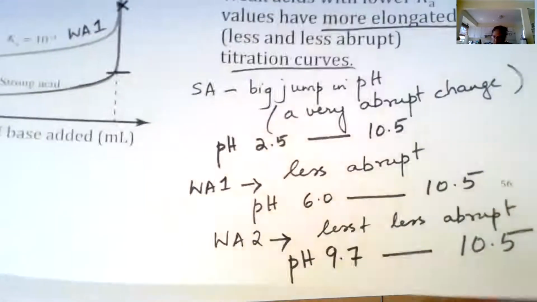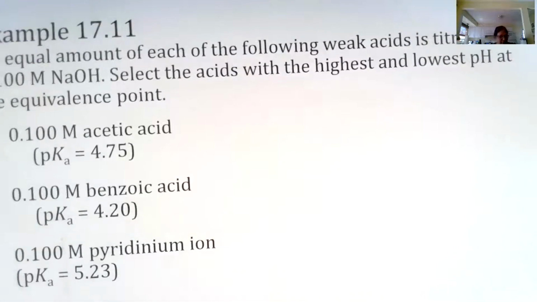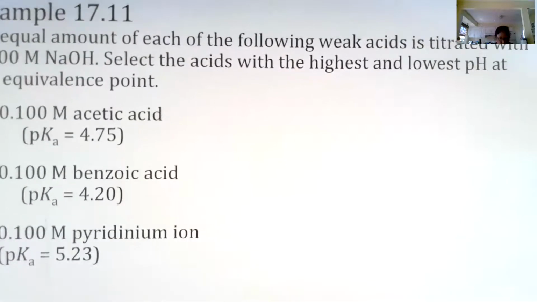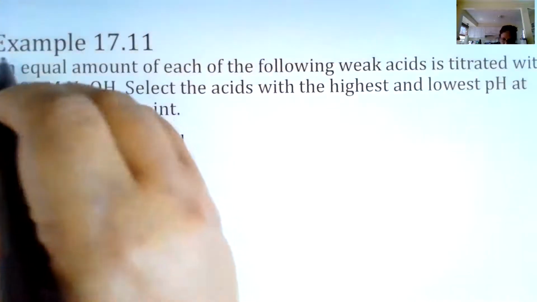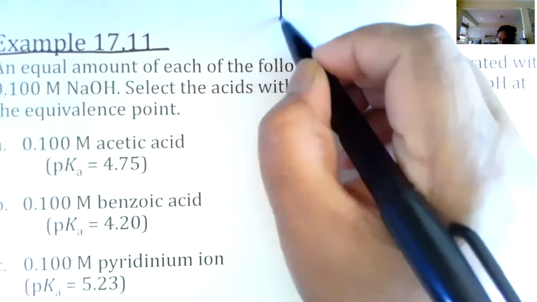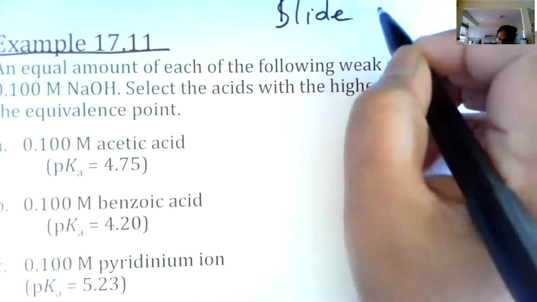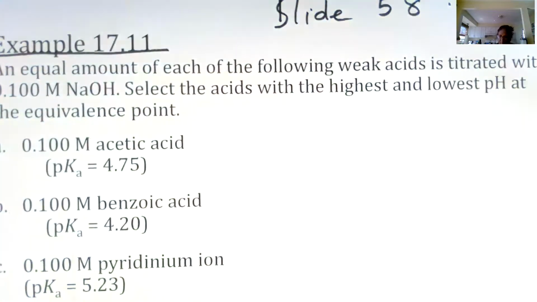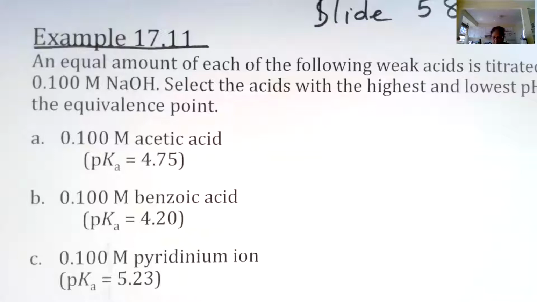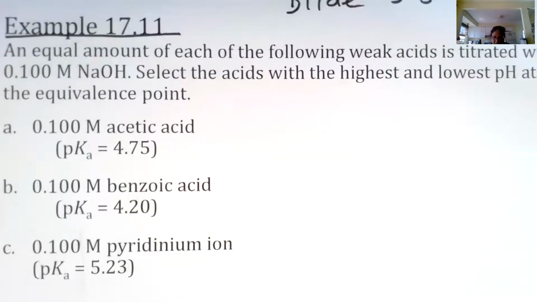Okay, all right, I think that's, oh, there's a problem here. We have to do that. Slide 57, I already showed it to you. The problem is on slide 58. An equal amount of each of the following acids is titrated with a common base.